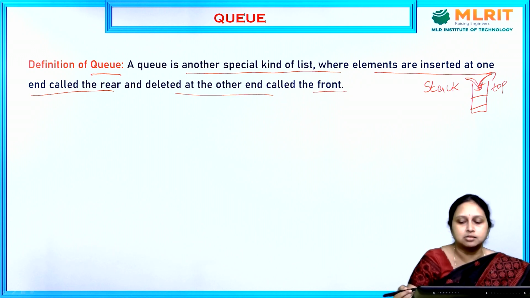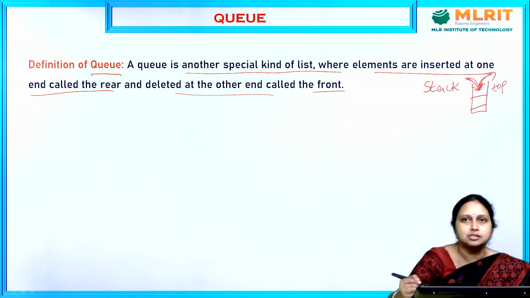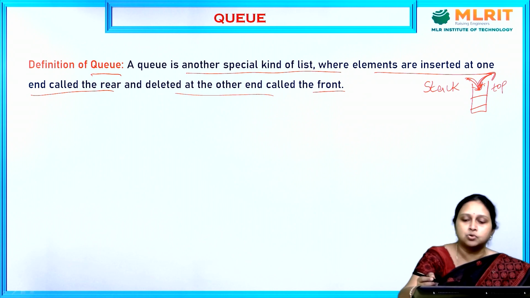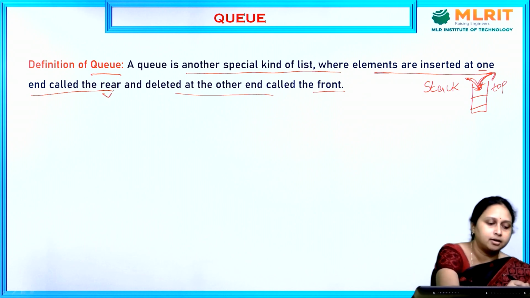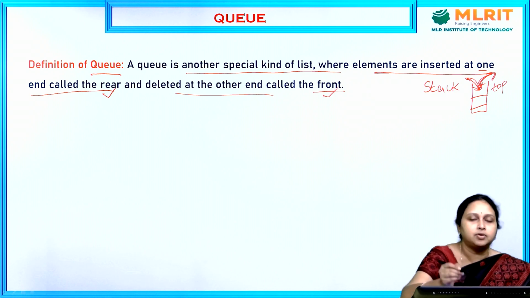Right? In the stack we insert from one end and delete from the same end. But the queue is also a list where elements are inserted from one end called rear end. From rear end we are going to insert and from the front end we are going to delete.